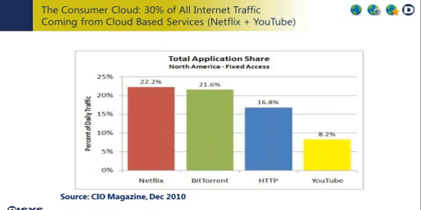From a consumer perspective, we had an inflection point towards the early part of last year where there was a huge amount of traffic on the internet coming from cloud-based applications. If you look at it today, between Netflix and YouTube, roughly 30% of all internet traffic is coming from these cloud-based applications.